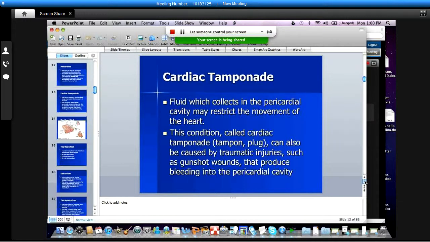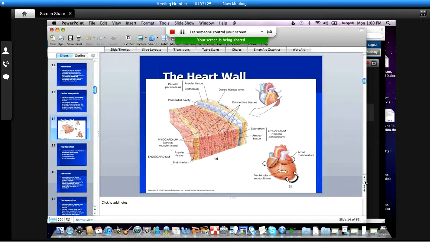Again, this presentation actually comes off of your course documents. You should be able to look at the histology of the cardiac tissue. Remember, it's branching tissue, centrally located nuclei, and it has striations in it that give it a typical pattern for cardiac muscle.